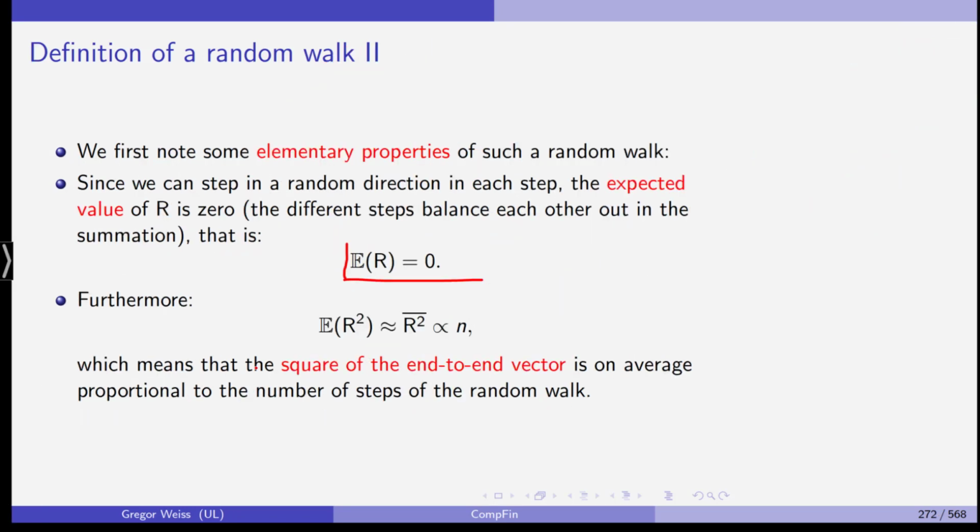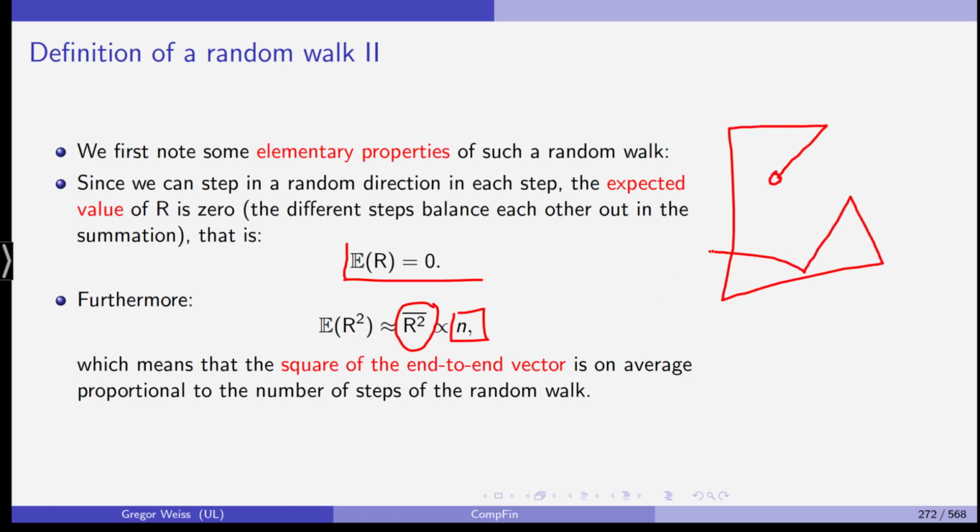Furthermore, if we square the length of the end-to-end vector, we actually get in expectation a value which is proportional to n. So the expected value of the square of the end-to-end vector is on average proportional to the number of steps of the random walk. So for example, this would be 1, 2, 3, 4, 5, 6, 7 steps.